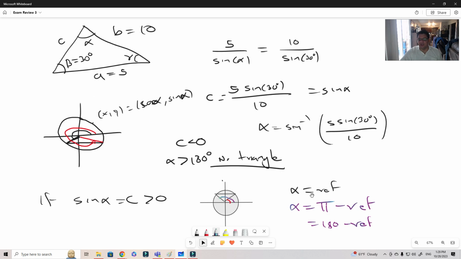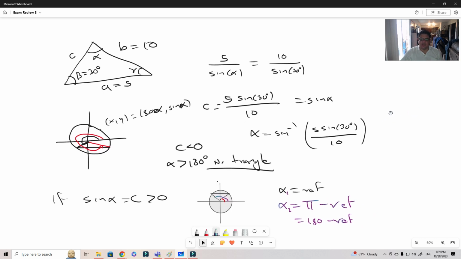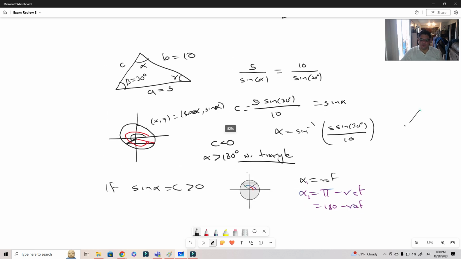Likely I'm just going to have one of the angles that is less than 90, and that's going to allow me to do one triangle. But it might happen that both angles are good enough so that I can create two triangles. That is why this is an ambiguous case, because it can provide me with one or two triangles.